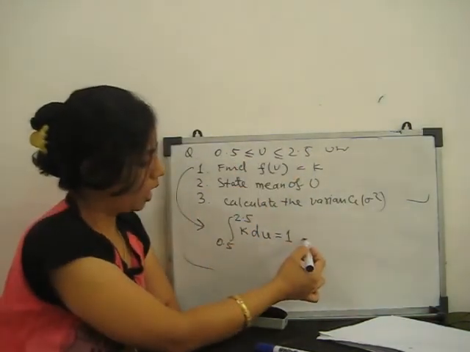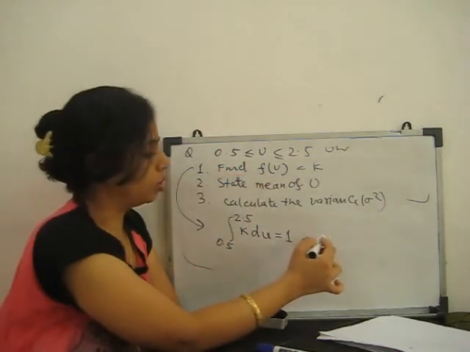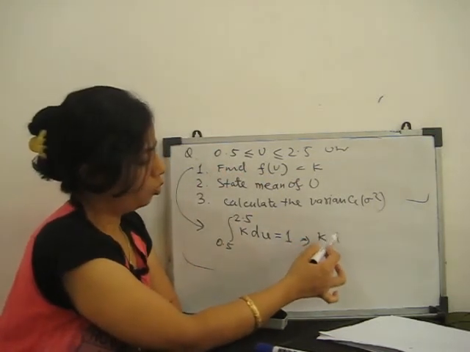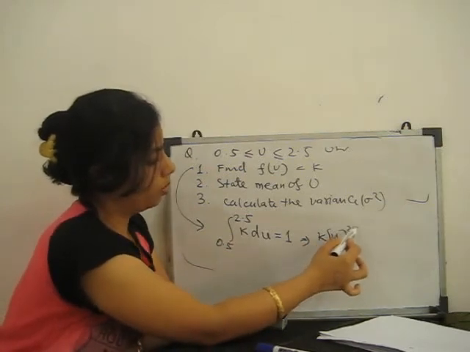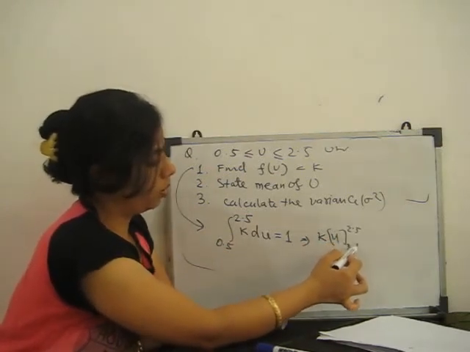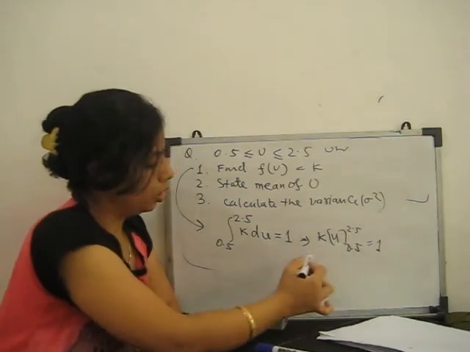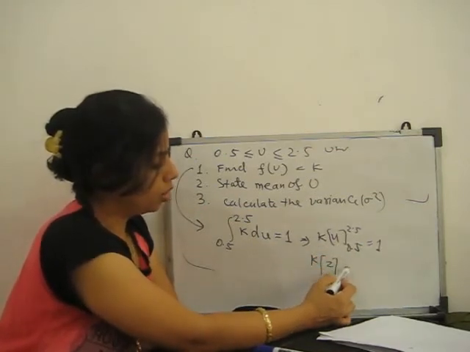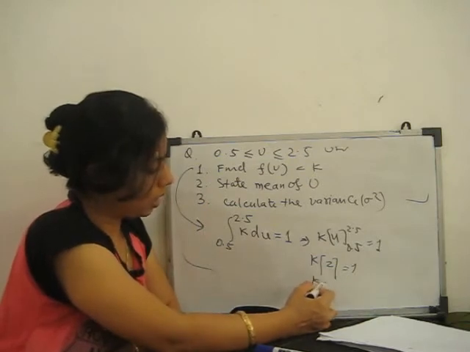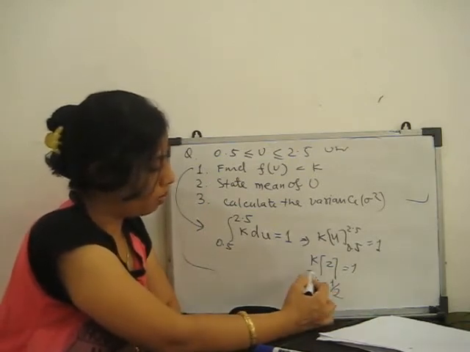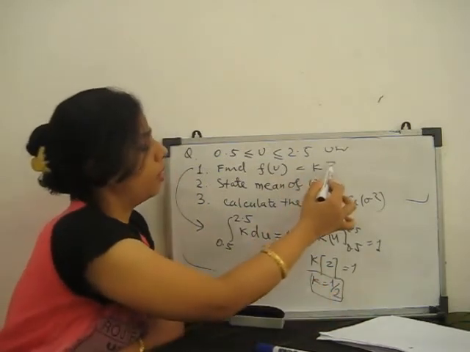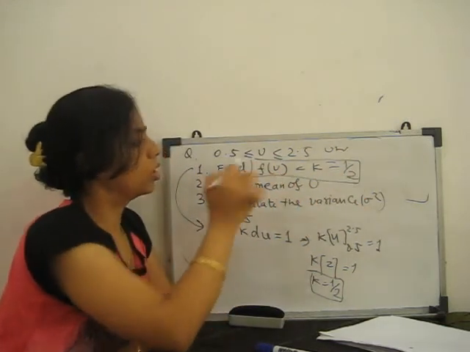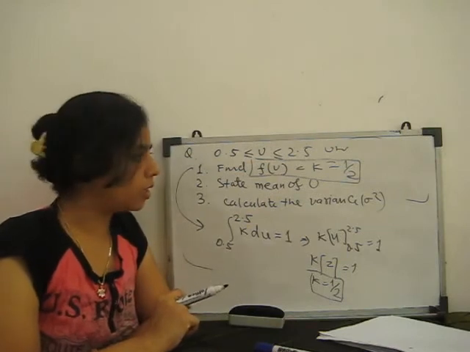So with the help of this we can find the value of k. So k times u from 0.5 to 2.5 is equal to 1. So k times (2.5 minus 0.5, which is 2) equals 1. Hence k is equal to 1 by 2. It means our f(u) is 1 by 2. Clear? This is our first step.